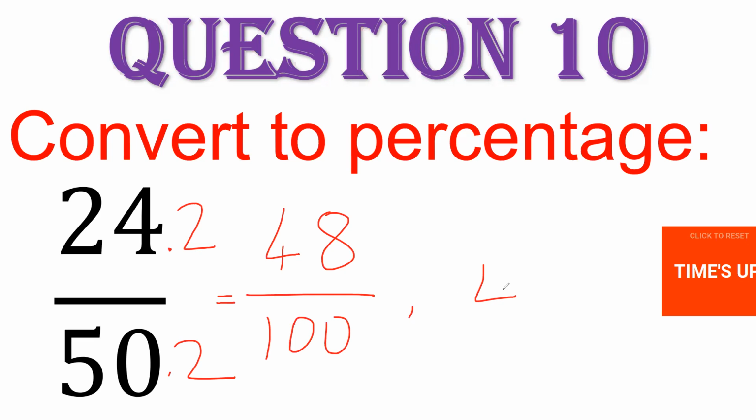It means 48%. Done. Easy, right? So times by 2 and then making 100. If you have 25 here, times by 4. If you have 20, times by 5. If you have 10, times by 10. If you do that, you make 100 and then convert to percentage. Okay, that's our question 10.